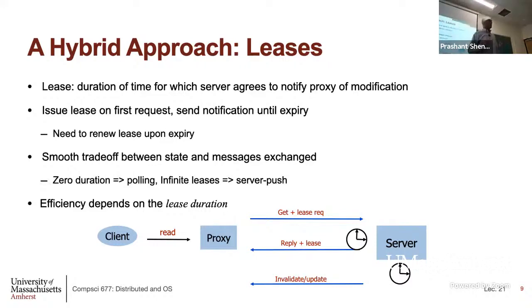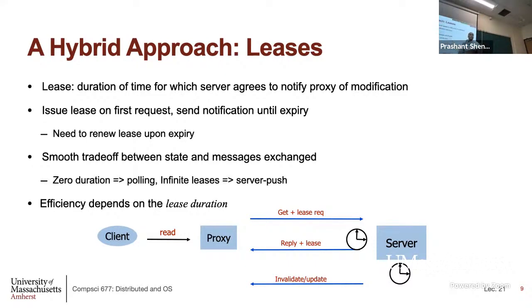Okay? So the more general term here is a lease is basically a contract between two parties for some duration of time where there is some agreement on what happens during that time. That's what you think of as a lease in the physical world. That's the same concept you can use in a distributed system. So what is this in the context of consistency?